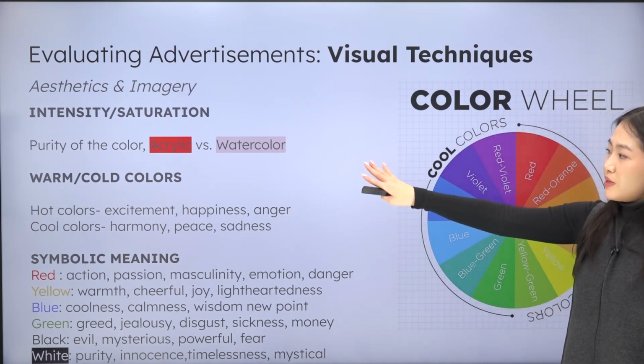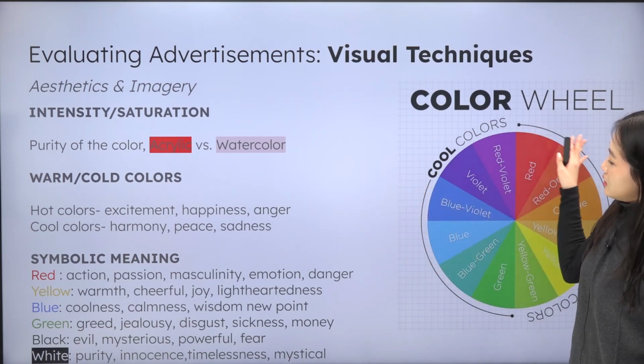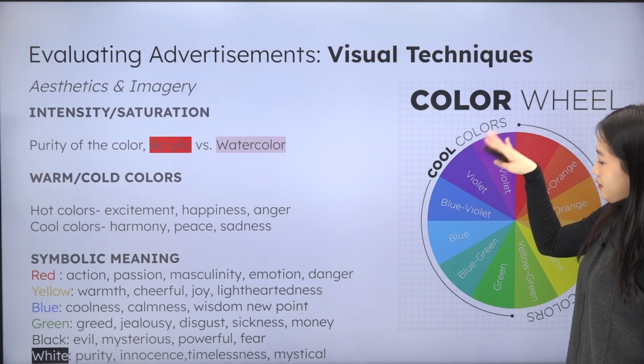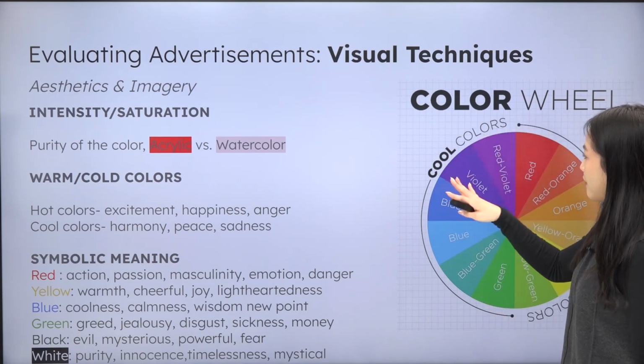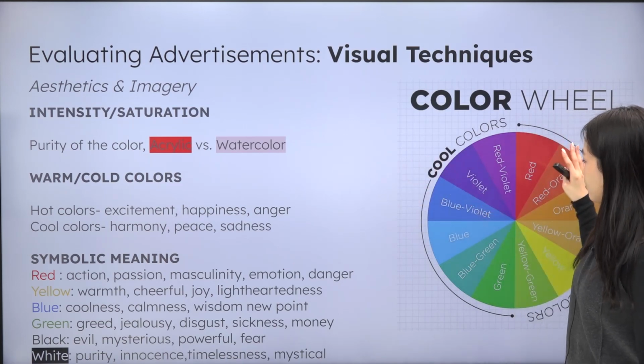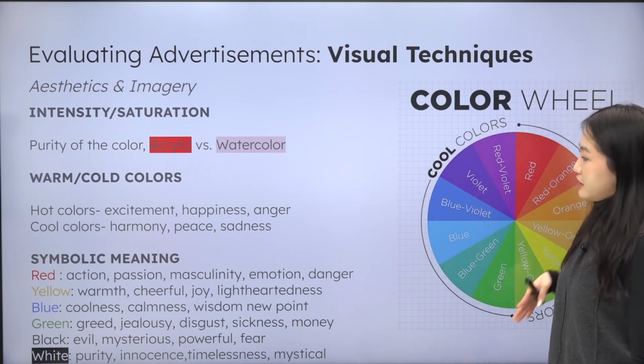And we have warm and cold colors. So you see here on the color wheel, these are all the cool colors. It's usually blue, green, violet, and the warm colors are red, orange, and yellow.